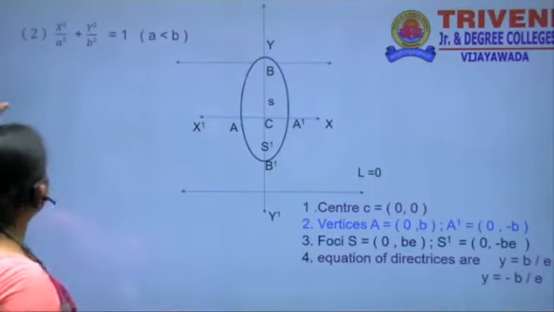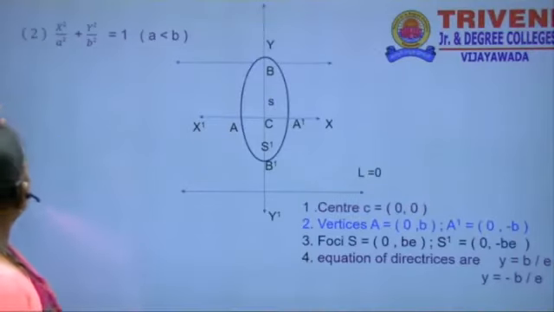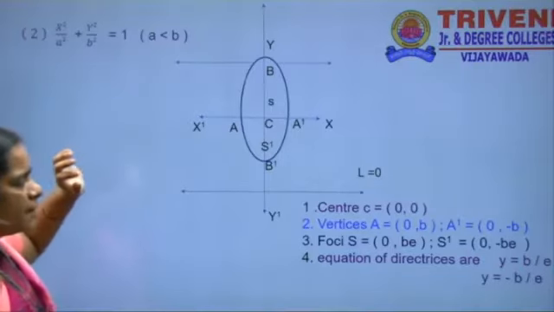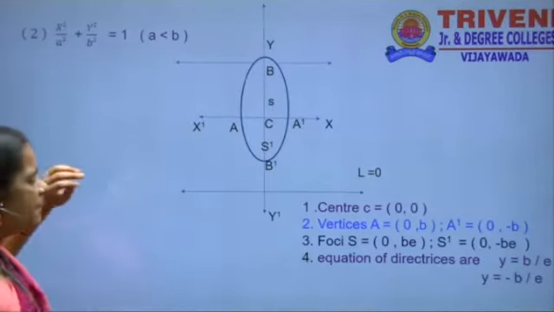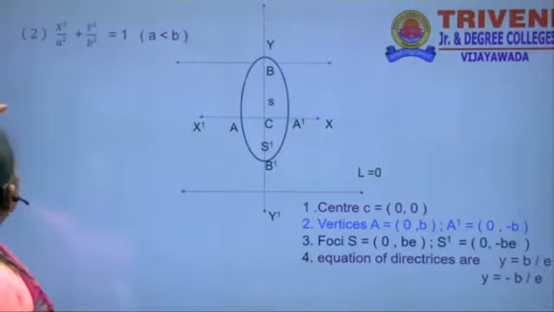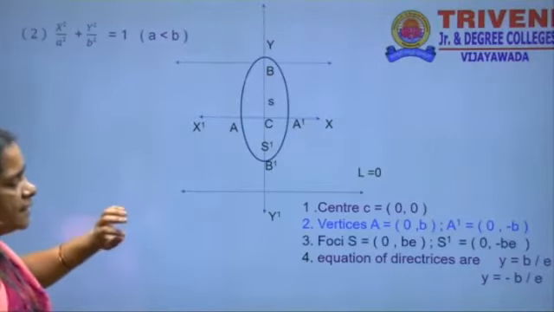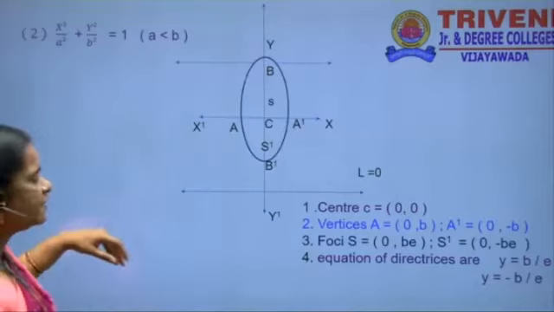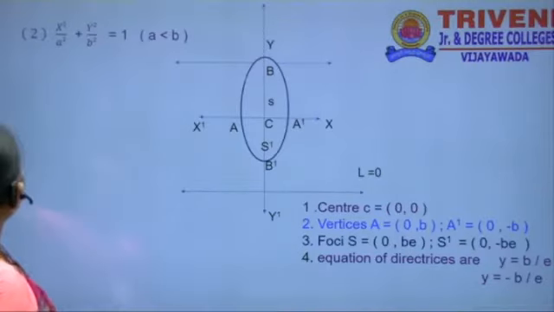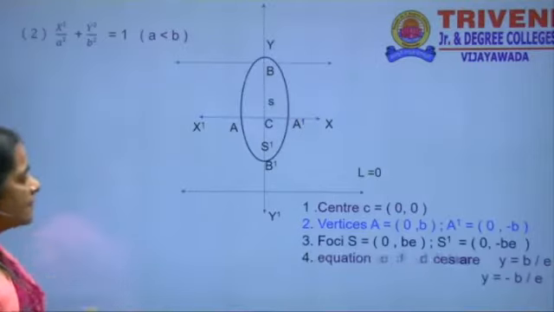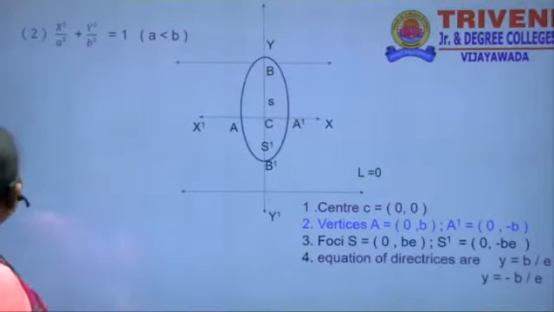Here a is less than b. The center is 0, 0 and vertices 0, b and 0, minus b, and foci 0, be and 0, minus be, and equation of the directrices is y is equal to be, y is equal to minus be.